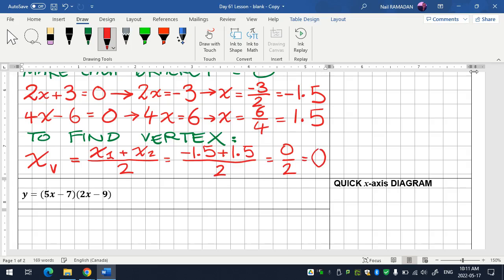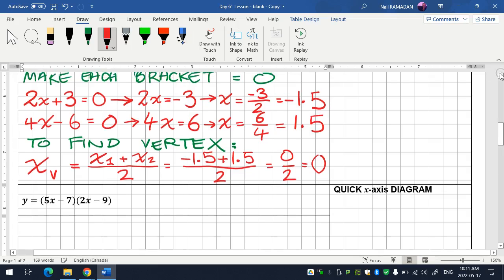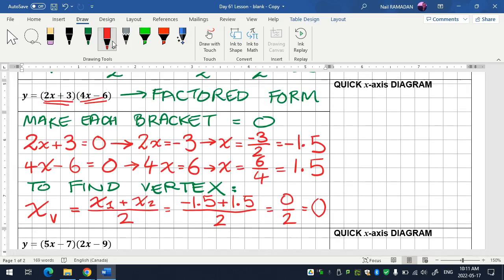What's my diagram? Same thing like before. I'm going to sketch a line, a horizontal line, always a horizontal line. Maybe right here. Can you tell me which one of those points is on the right side of the line? Which one of those values? Yes, the positive one.